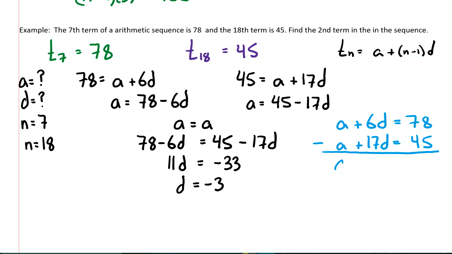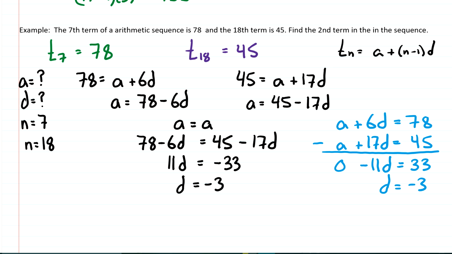So A minus A would be 0. 6D minus 17D would be negative 11D. And if we did 78 minus 45, that would be 33. And then we divide both sides by negative 11, so we get negative 3 for the value of D. So it's the same number either way.